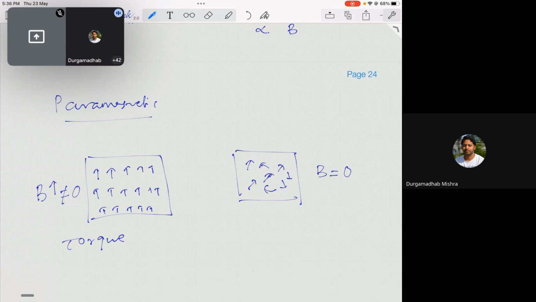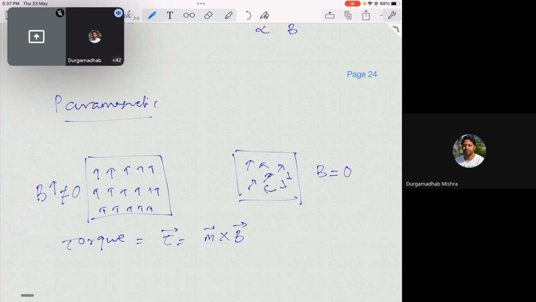This torque leads to the orientation of the dipole towards the magnetic field. So what is this torque? This torque is actually a cross product of your magnetic moment with the magnetic field. This is the torque that acts on the dipoles, and that makes sure that the dipole moments get aligned along the magnetic field.